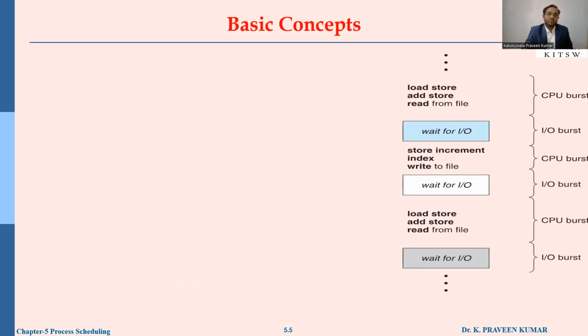The basic concept of process scheduling is that when you start your CPU, you are giving some task to your CPU. The CPU will load and store instructions, and it reads the instructions from the file.